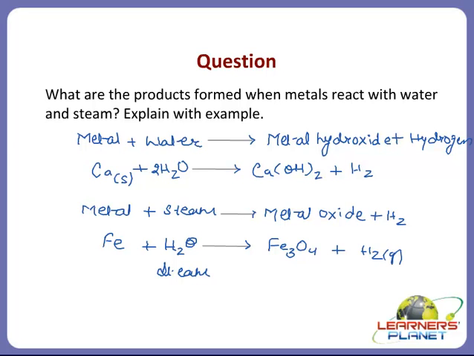Now to balance this, what I can do here is 3 Fe and oxygen is 4, so I have to take 4 H2O. And here how many hydrogen would be released? 4 H2. Now this is what, children, this is iron 2,3 oxide.